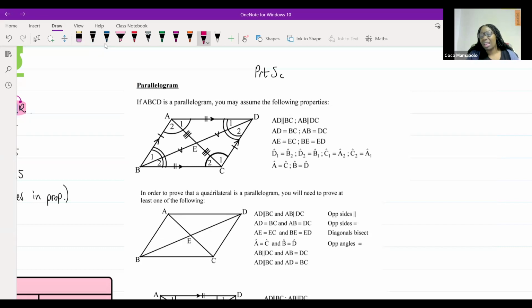Then we know, they tell us that AD will be parallel to BC, AB will be parallel to DC, AD and BC will be equal, AB and DC will be equal. AE, that over there and that over there will be equal. So AE is equal to EC, and similarly, BE is equal to ED. So all of these things are true if we are given a parallelogram.